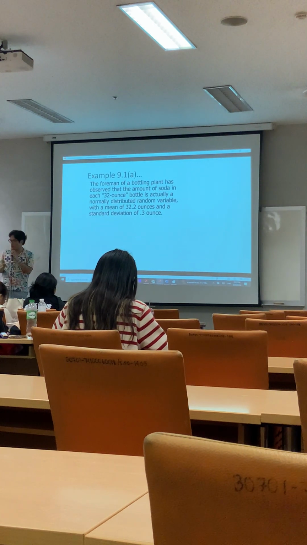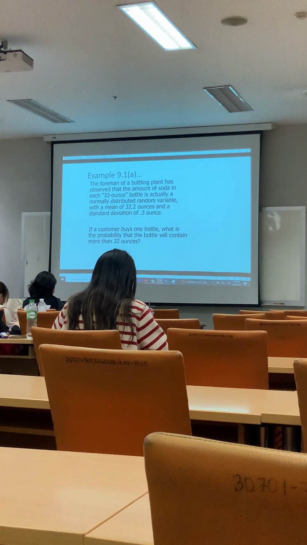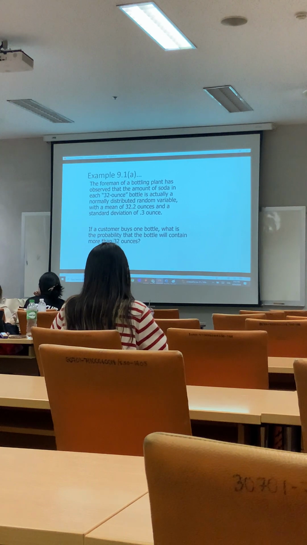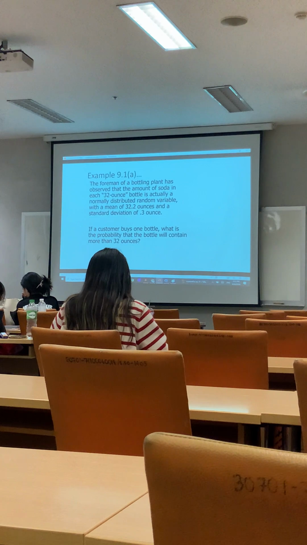And the question wants us to answer this: if a customer buys one bottle, what is the probability that the bottle will contain more than 32 ounces? So, what does it mean?